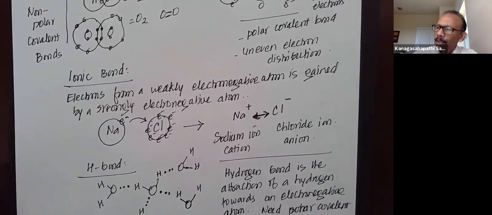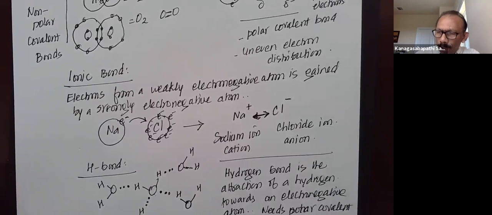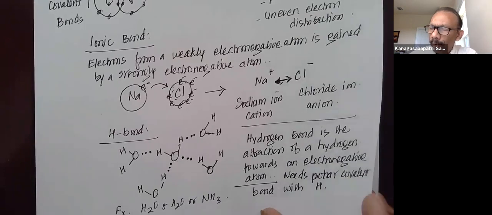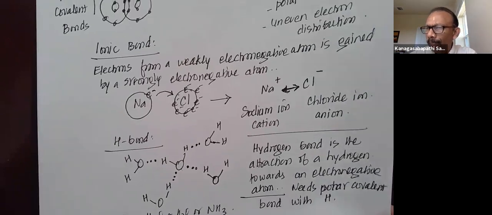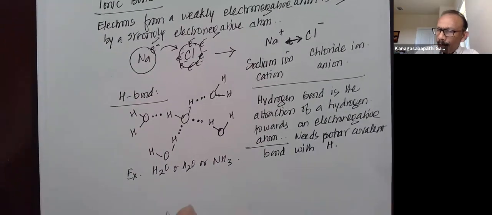So this can also happen. Examples are between water and water, or ammonia, NH3. They can have this because they can create a partially negative one and a partially positive one. Okay. Then a couple more, then we wrap it up.